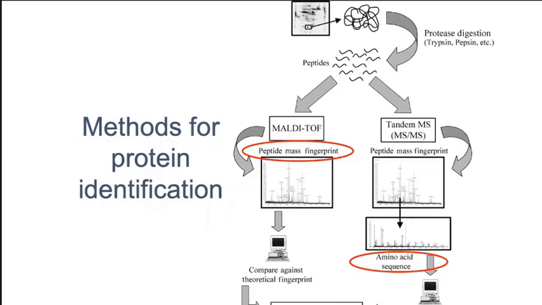Then we can compare the mass spectroscopy data with the database, and in this way we can identify the protein. Or we can use the peptide mass fingerprint to compare directly with the theoretical fingerprint that we have, and in this way we can also identify the protein.